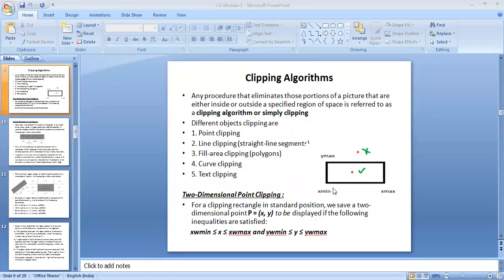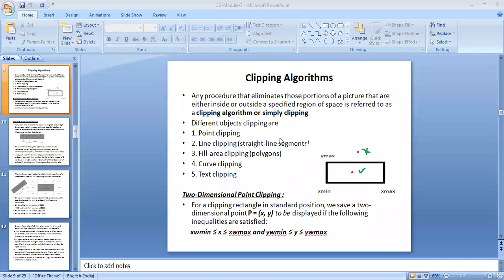What are the different things I can eliminate in an object? I can eliminate a point, a line, or some part of the polygon object itself. The best example is the Apple logo behind your Apple iPhones. You can clearly see that a part of the apple is deleted. Technically we say that the part of that apple is clipped.